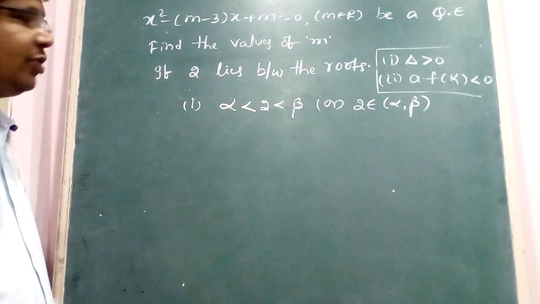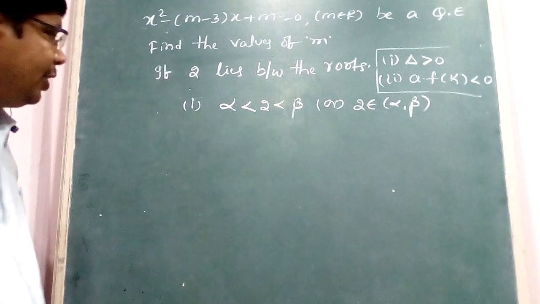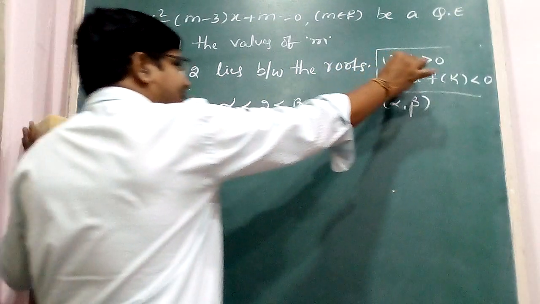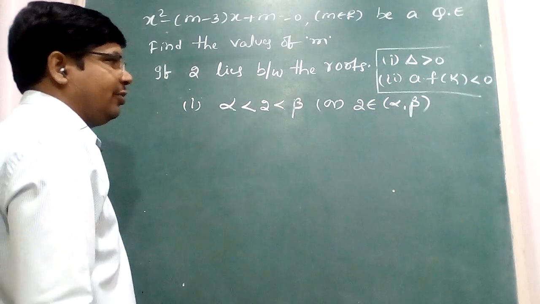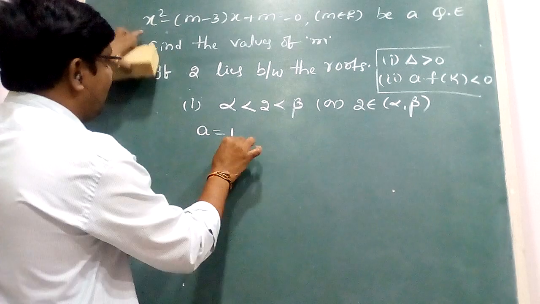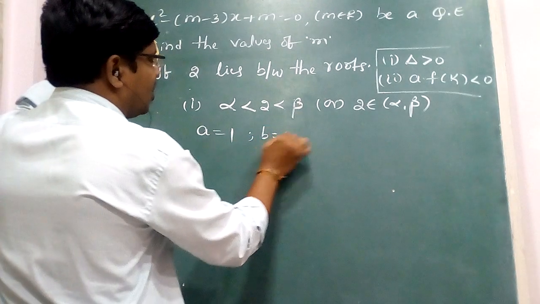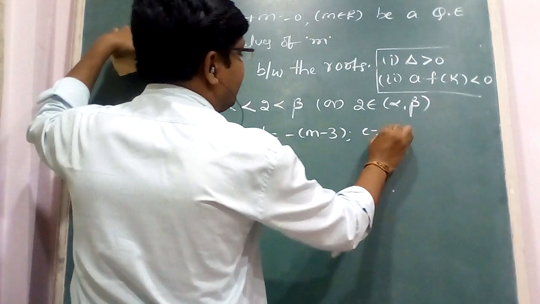This belongs to the third property. Now what is the condition here? First condition, delta greater than 0. Second condition, a into f of k is less than 0. Here a value is 1, b value is minus of (m minus 3), c value is m.